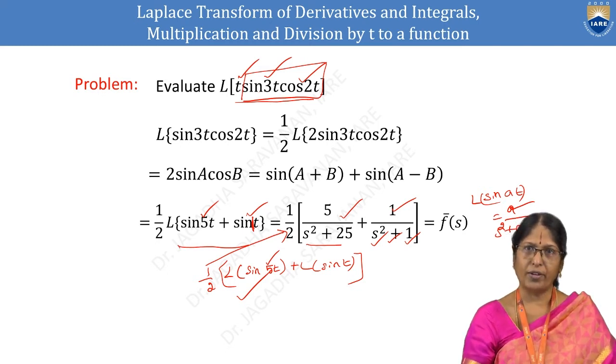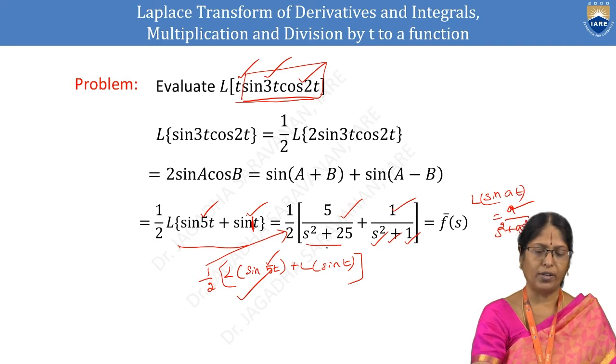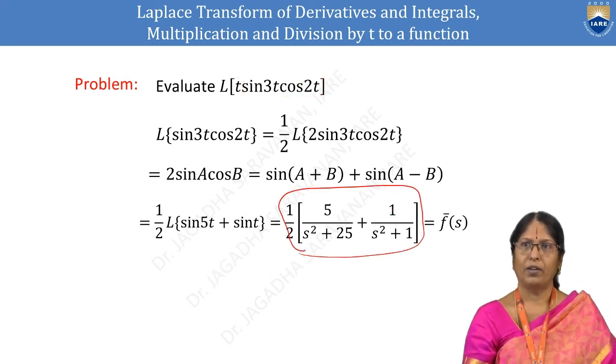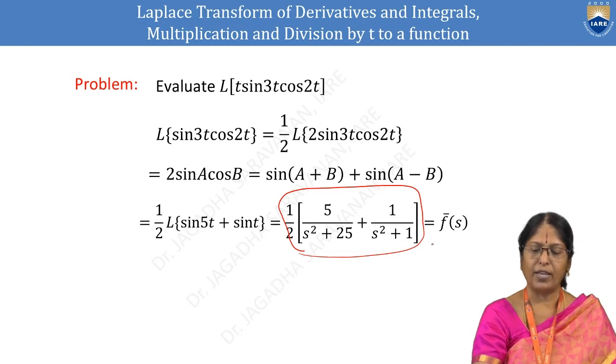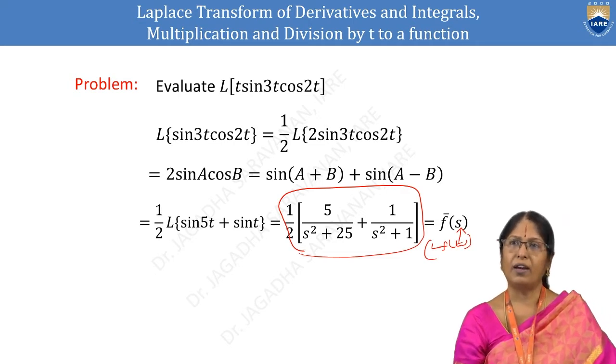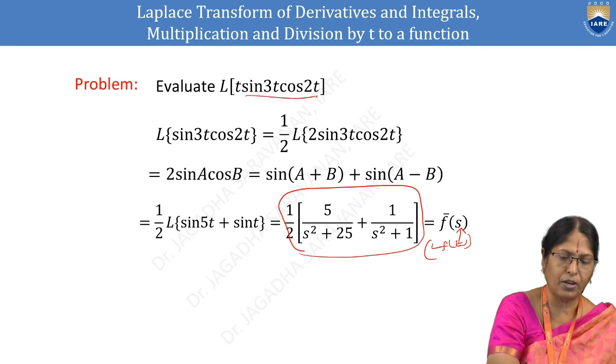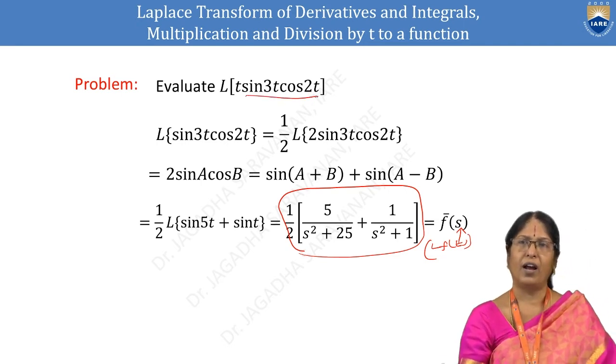We concentrated on them and we got this result. That is nothing but L of f of t, which we can write as f bar of s. So only up to here we applied the Laplace transform.